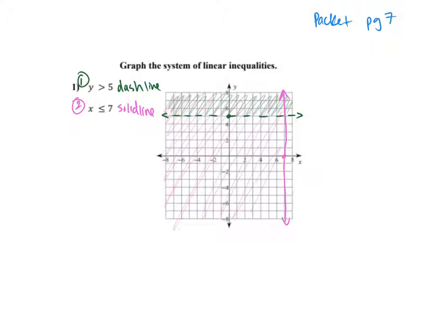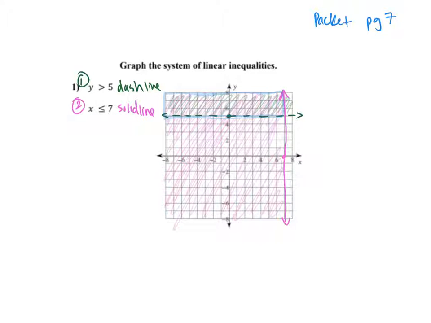And as I'm shading it, I'm looking for where green and pink meet up. And you guys might be able to tell that the intersection of these two colors is right here. So that's where the two shaded regions meet up.